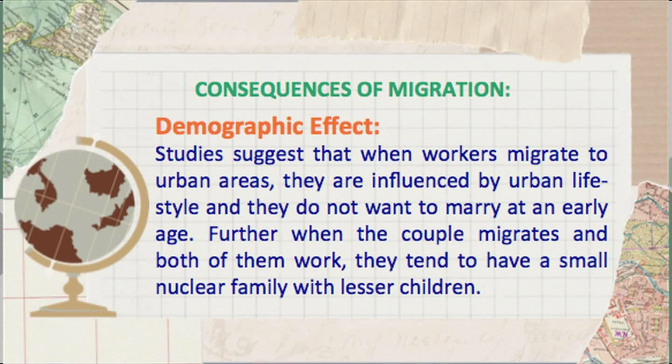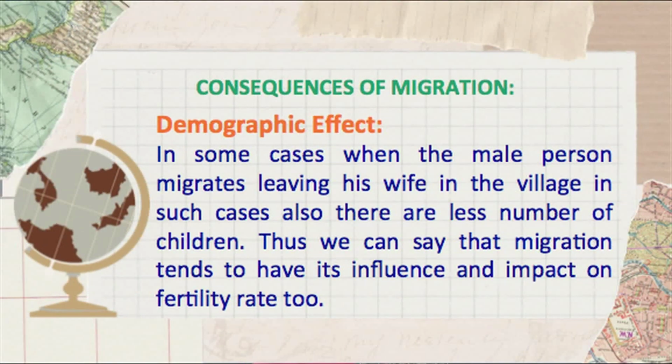Further, when a couple migrates and both of them work, they tend to have a small nuclear family with fewer children. Furthermore, in some cases, when only the male person migrates, leaving his wife behind in the village, there are also fewer children. Therefore, we can say that migration has an impact on the fertility rate too.